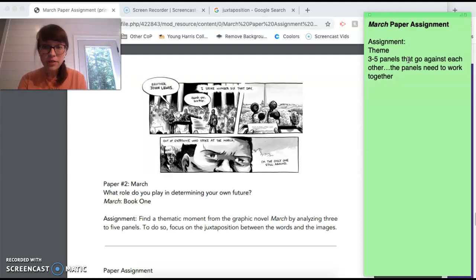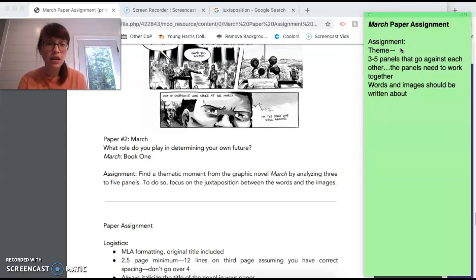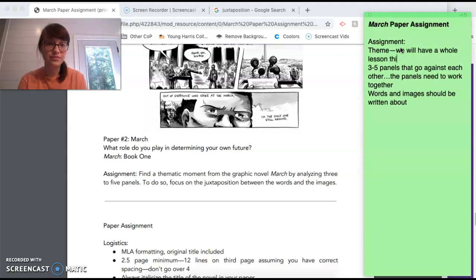To do so, the juxtaposition between words and images should be written about, because remember, we are reading a graphic novel. The pictures are just as important as the words. So theme, I want to go ahead and make this note. We will have a whole lesson on this.